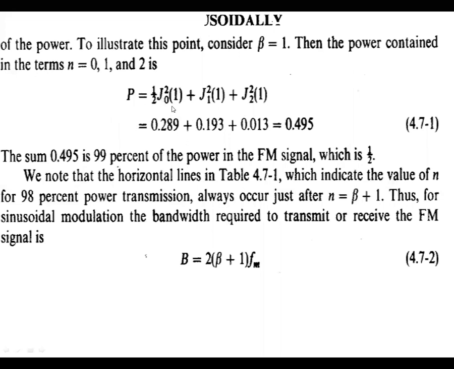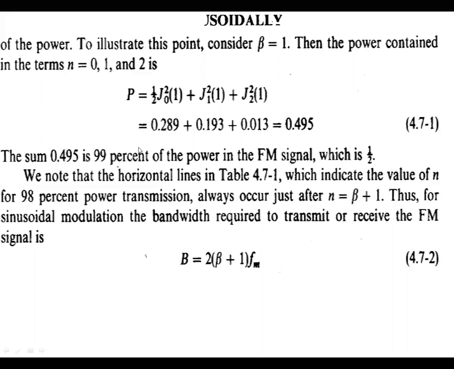That's why 1 by 2 J naught square 1 plus n is equal to 1, J1 square 1 plus n is equal to 2, J2 square 1. What is 1? It is beta value 1. Now what about J0 1, J1 1, J2 1?